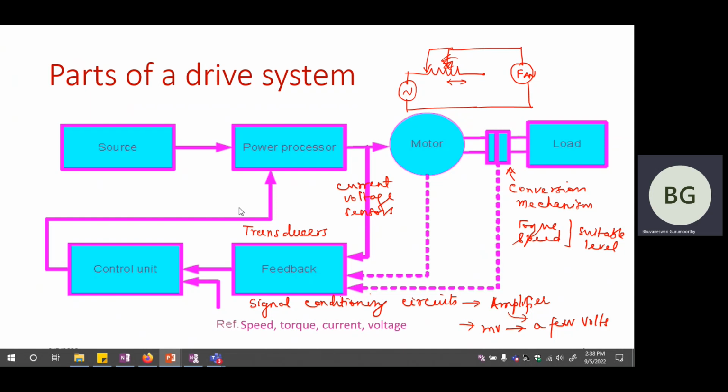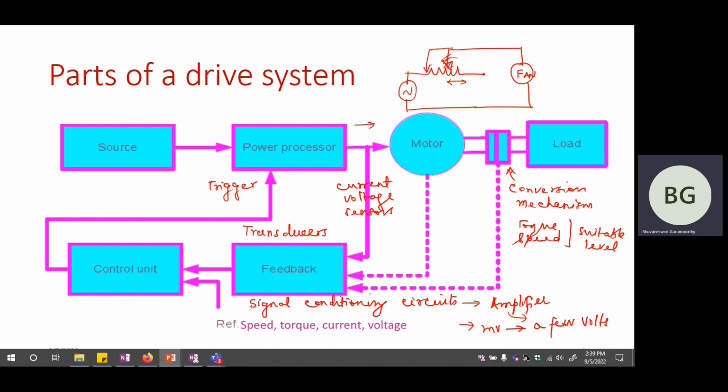Correspondingly, the power processor will get a triggering or firing signal, and that trigger is going to alter the way the voltage and current are applied to this particular motor, so that the motor develops the torque and speed in such a manner that the load will be getting exactly the amount of torque and speed it requires. That is, the load requirement will be matched with what is developed by the motor in the form of speed and torque.